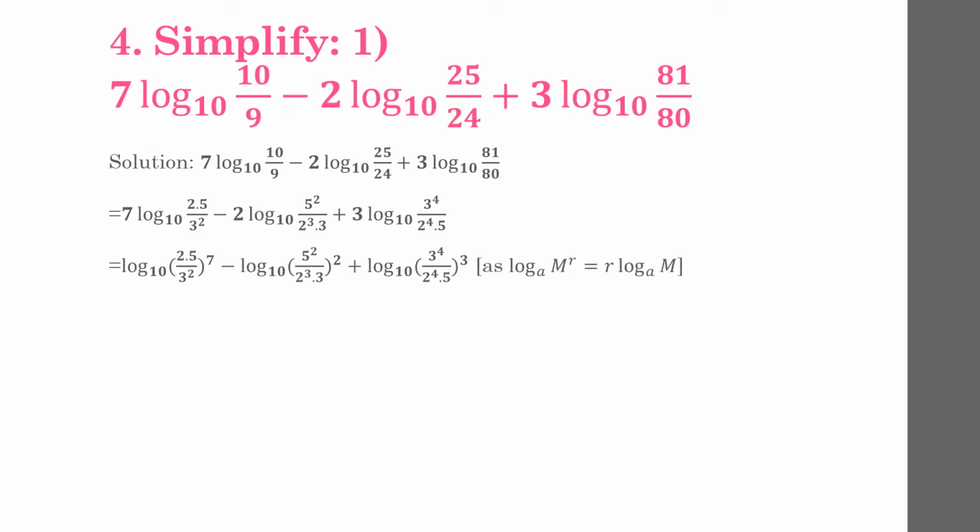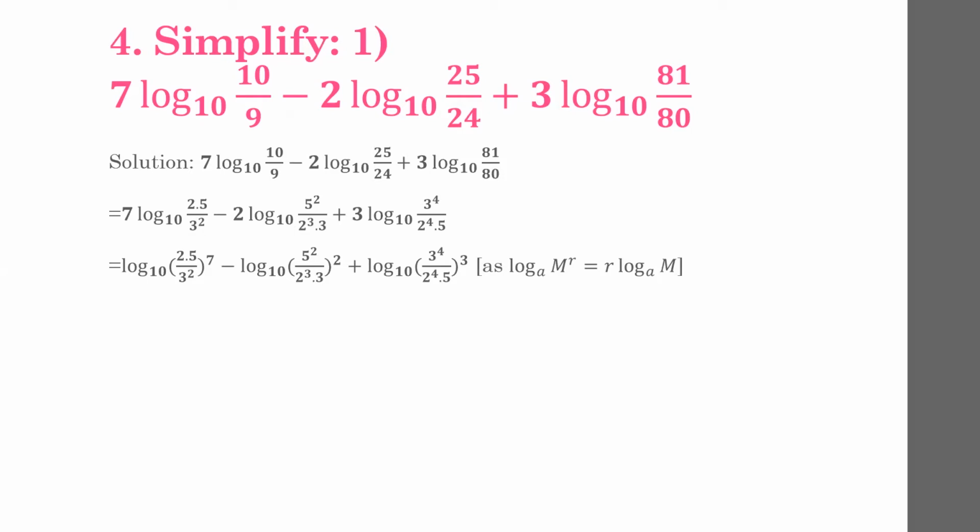According to the formula r log_a m equals log_a m^r. So according to that formula, 7 log₁₀ (2×5/3²) has become log₁₀ (2×5/3²) whole to the power 7.